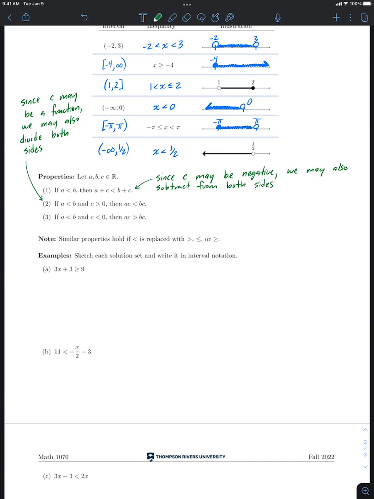So let's translate this into a comment here so we don't forget. So when multiplying by a negative, we must flip the inequality sign.